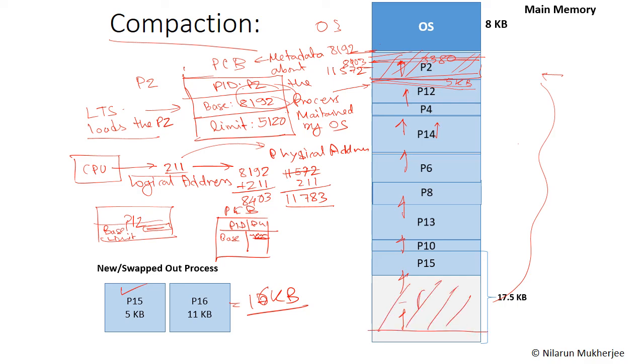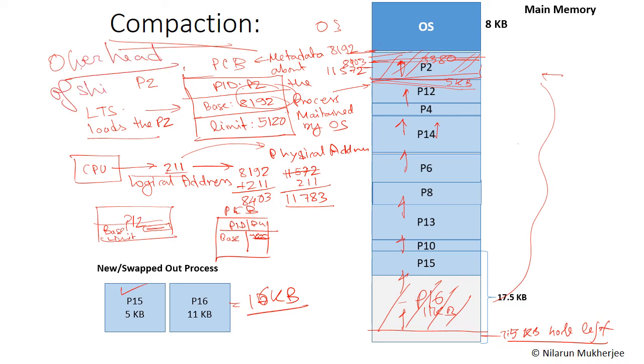So all the processes are shifted to one end to collect a large hole of 7.5 KB, where I can now load P15. Then I can even load P16 of 11 KB. Still I will have 1.5 KB hole left. Using compaction will create an overhead of shifting. What is the overhead?